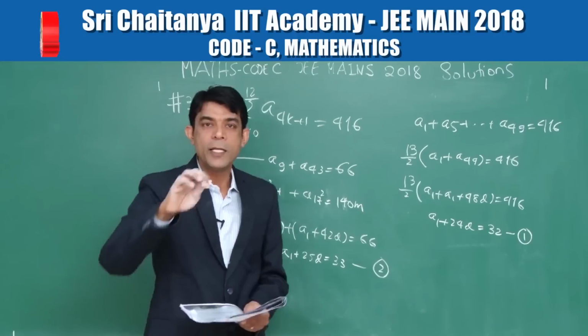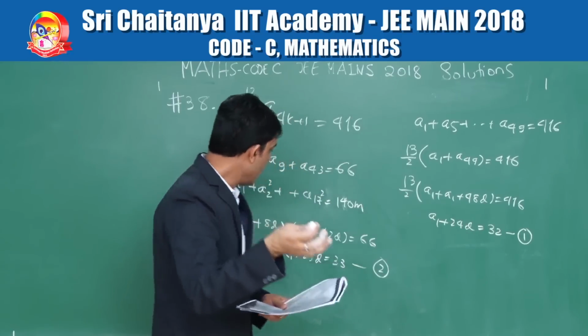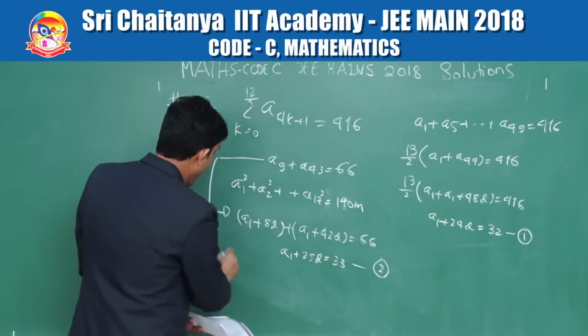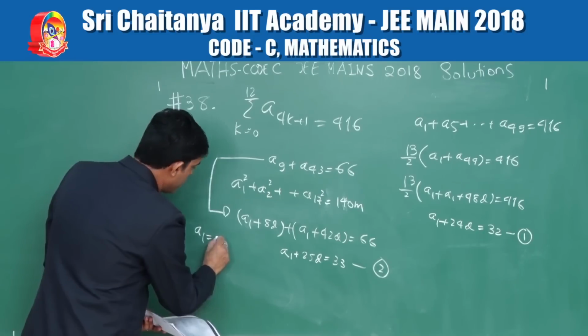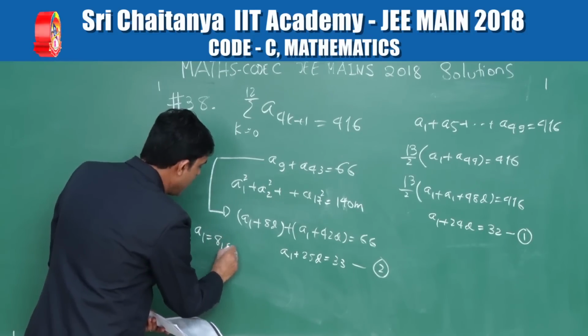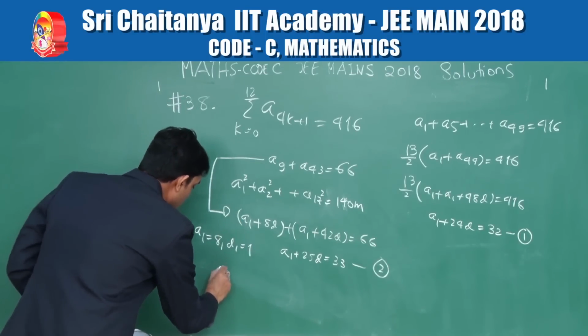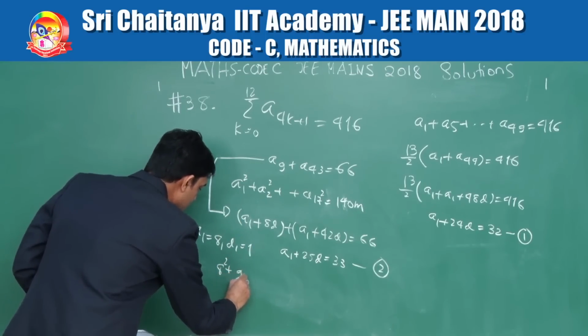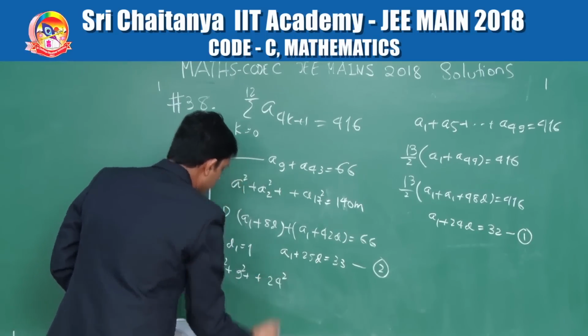Now use 1 and 2 to solve for A1 and D, which is pretty simple, and that leads us to A1 equals 8 and D equals 1. So we have now 8 squared plus 9 squared till 24 squared.